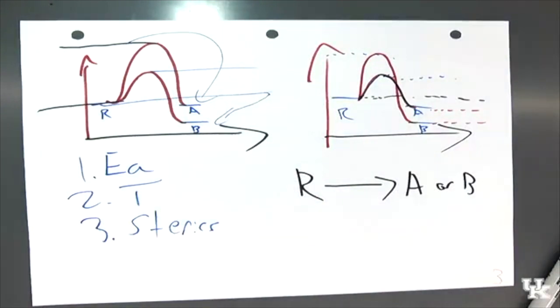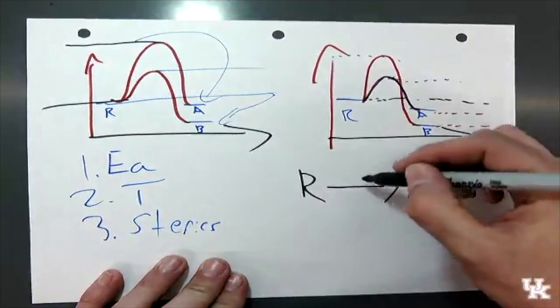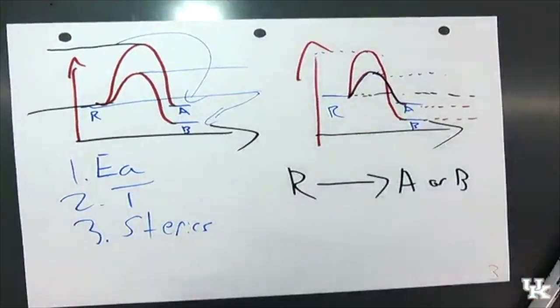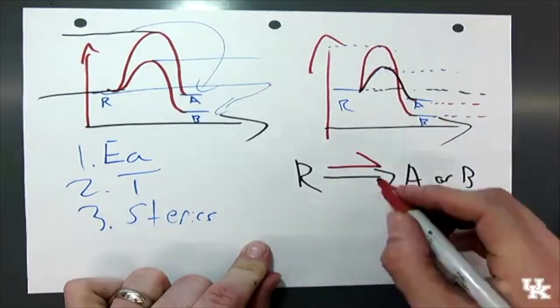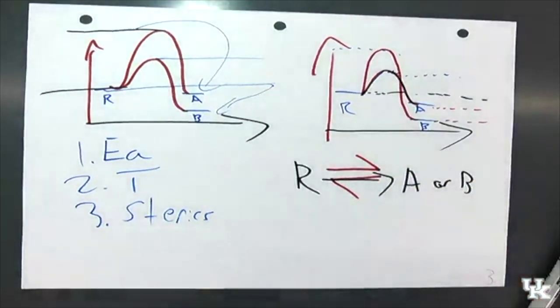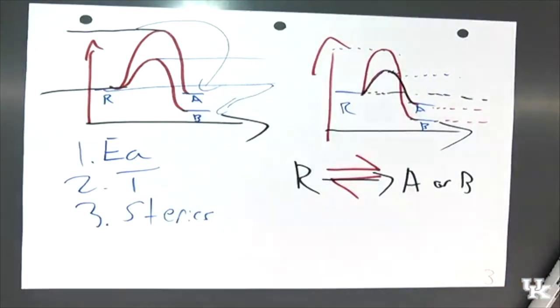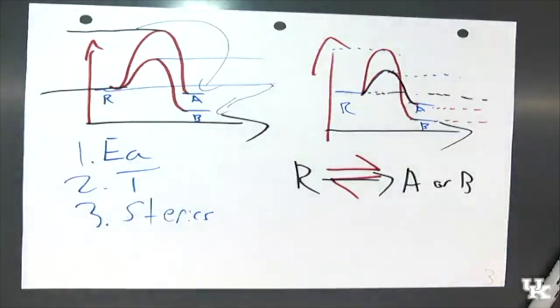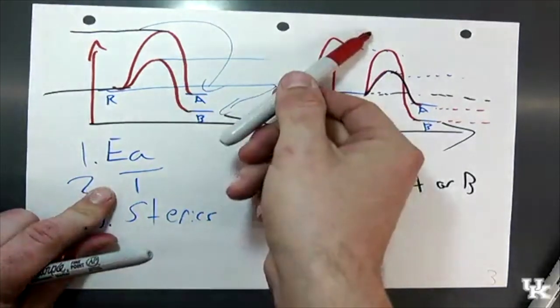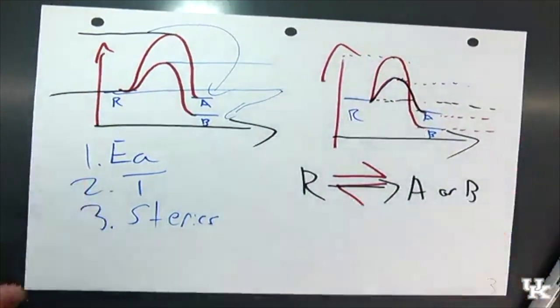R goes to A or B. However, it's actually, I'll do this in red, R goes to A or B and can be brought back. Because if you just flip this around, now you can have A or B going to R with the same activation energy barrier, right? Therefore, as you increase the temperature, let me redraw this.